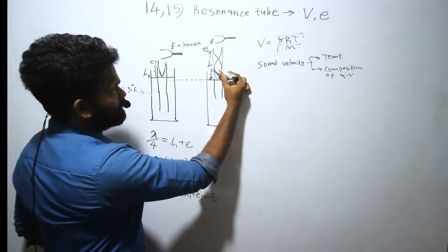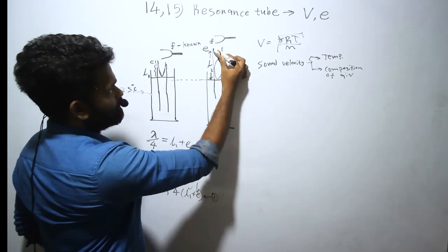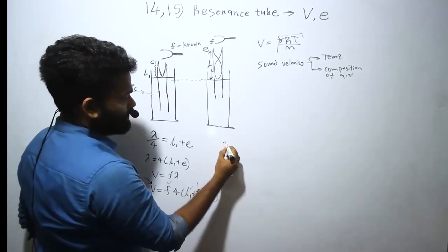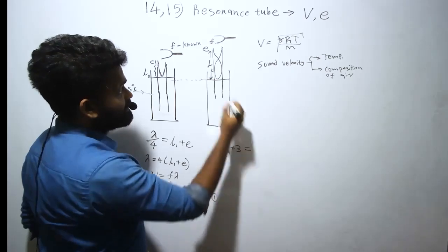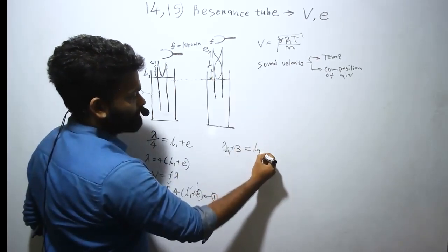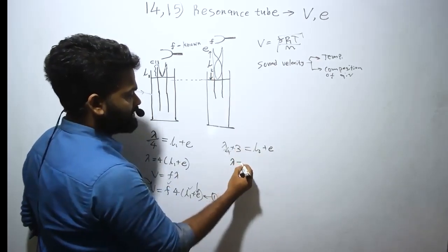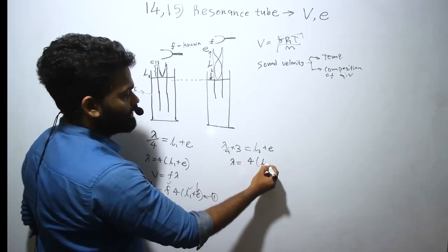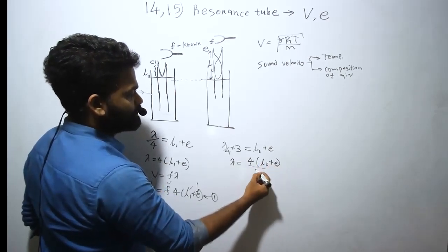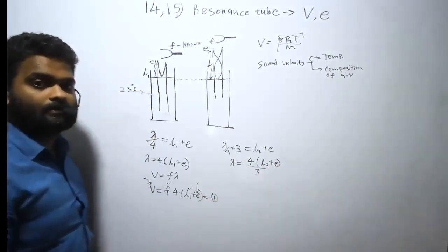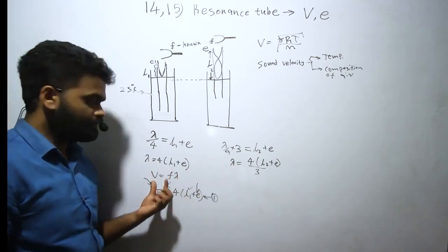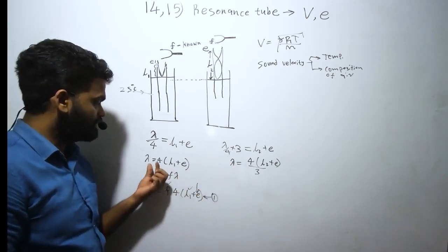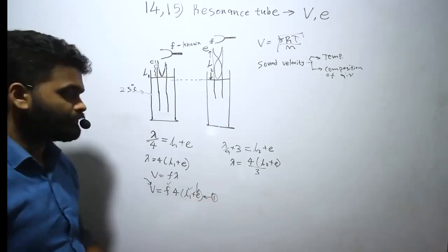So we have lambda over 4, three times, which is equal to L2 plus E. Then lambda is equal to 4 (L2 plus E) divided by 3. So we found a term for lambda. This lambda is constant for both, the same in both cases.